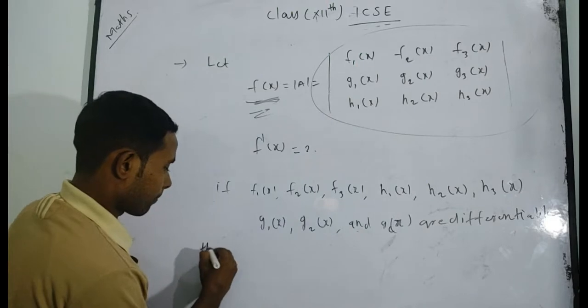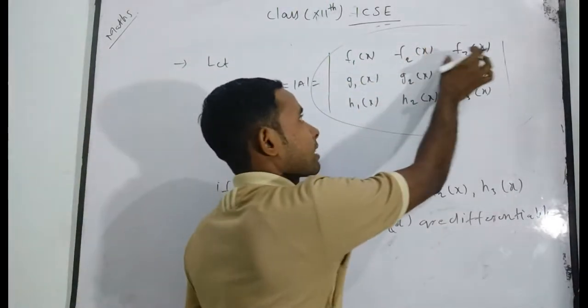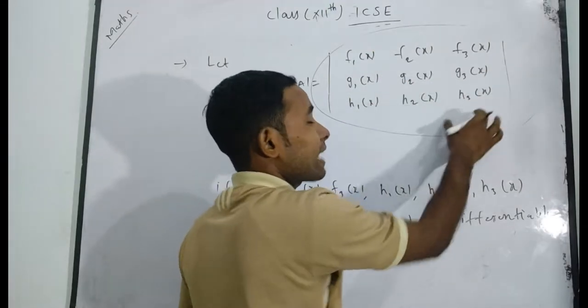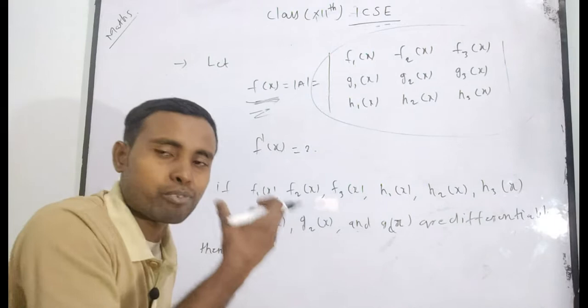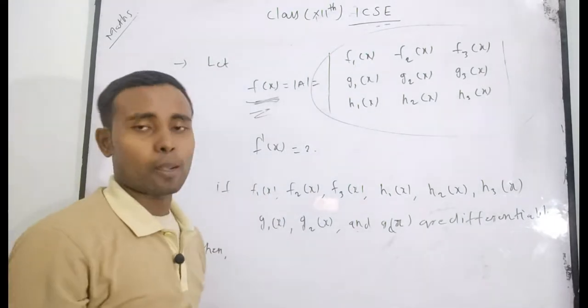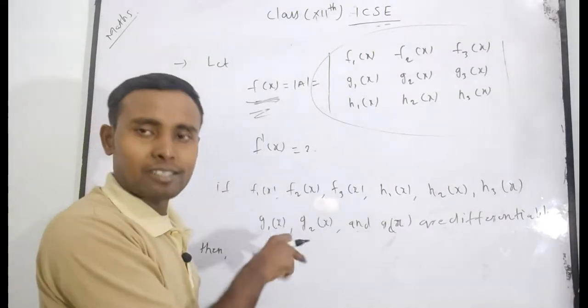If f1x, f2x, f3x, g1x, g2x, g3x, h1x, h2x and h3x, all these functions are differentiable individually, in that case you can differentiate using this property about which I will discuss here.